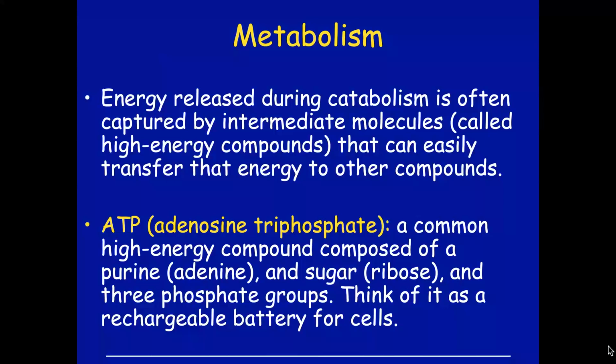It's made up of a purine, which is known as adenine, and a sugar, ribose, a 5-carbon sugar, and then 3 phosphate groups, hence the triphosphate. It is, in essence, acting like a rechargeable battery for our cells. In the next section, we're going to take a closer look at ATP and continue on from there.